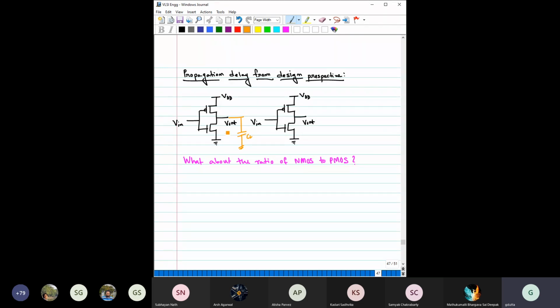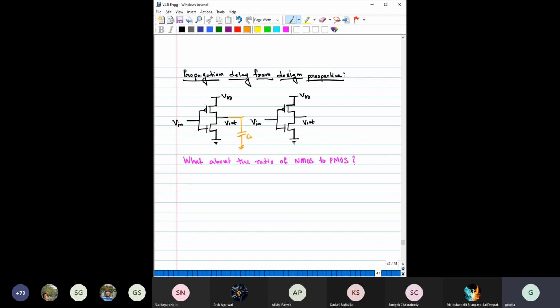So depending on that, we have seen we have to make the PMOS and NMOS ratios accordingly such that their equivalent resistance would be the same, right? But that is from what perspective? That is from the symmetrical VTC and symmetrical charging and discharging perspective.